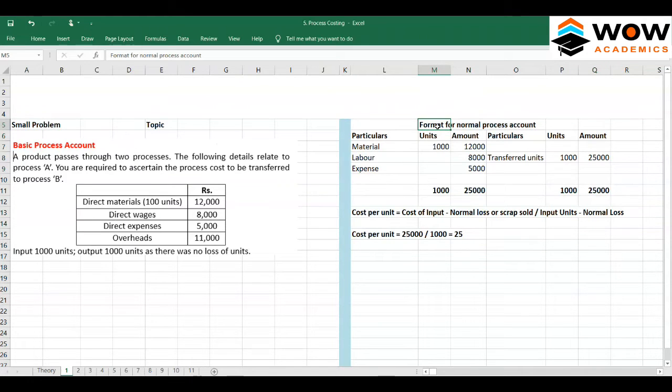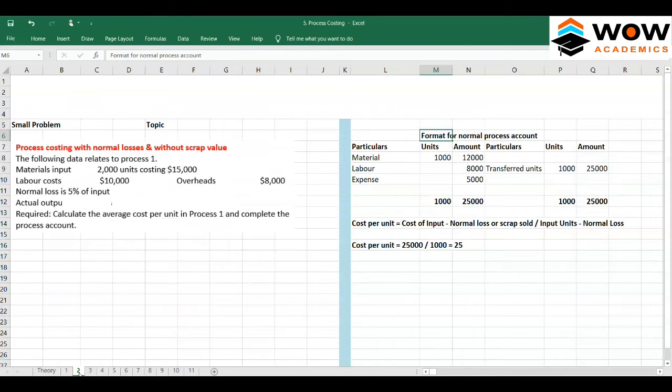So this process is called process A, and it is an account. You have to mention that, and we'll move on to the next problem here. In this problem, the following data relate to process 1. So it is a process again, process 1, and it is an account.